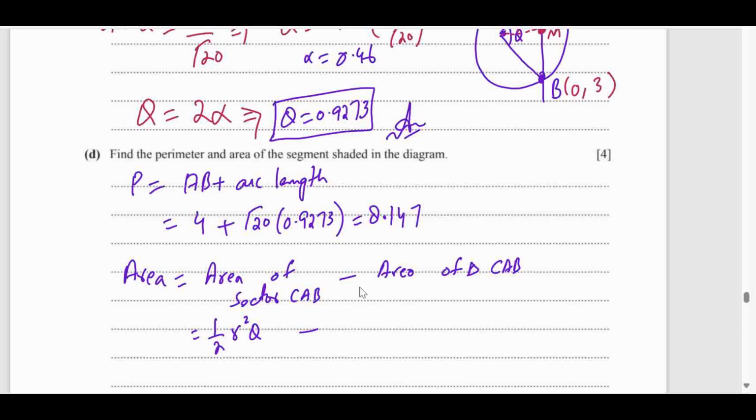Now we know how to find the area of the sector, 1 by 2 r square theta, minus the area of the triangle, which is 1 by 2 the adjacent sides into sine of their included angle. This is the area of the shaded region. We can take r square common, so the area will be 1 by 2 r square times theta minus sine theta.